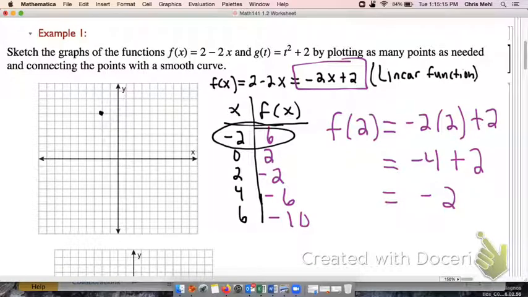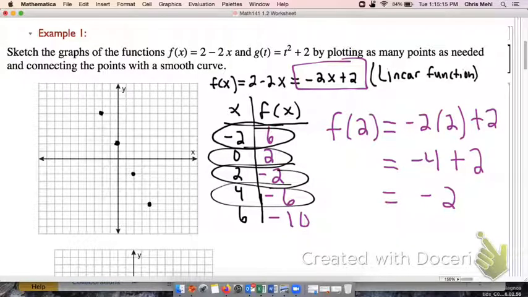Okay, now I would draw in the point that has coordinates 0, 2. 0 means I don't go left or right at all, and I go up 2 coordinates. The next point with coordinates 2, -2, I go 2 right and I go down 2. I get this point. The next one would be 4, -6. That means go right 4, down 6.